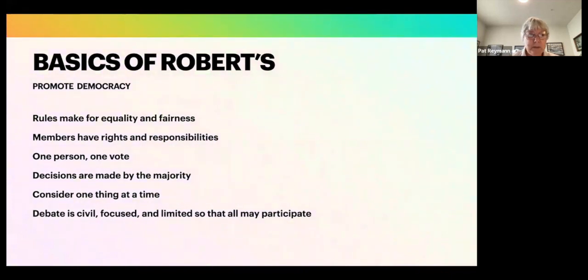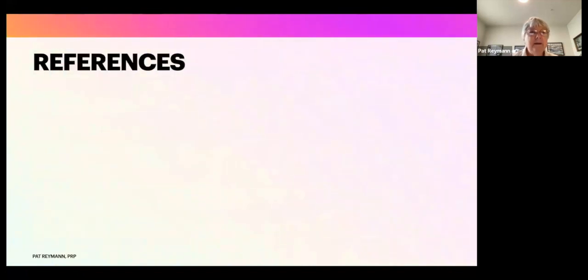It is focused because we are just considering one thing at a time. And it is somewhat limited. You can only vote or speak twice on the same motion on the same day, so that everybody has a chance to participate. And we're fortunate to have a wonderful chair who will enforce the rules for us, direct traffic, and keep us going the right way.